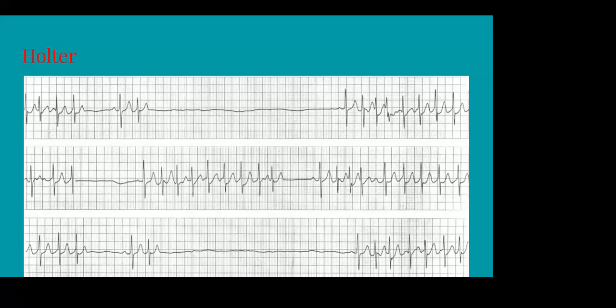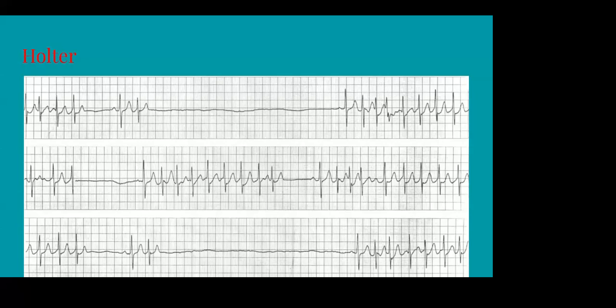They wear it home, and we hope to capture something that may not have been caught in the clinic. Like when we did the ECG in this lady, the ECG is normal. But because she's 80 years old, we wanted to make sure she doesn't have any other abnormality while she's at home. So we put her on a Holter.